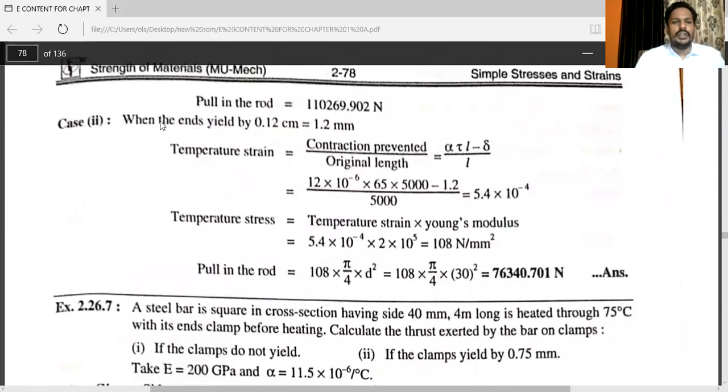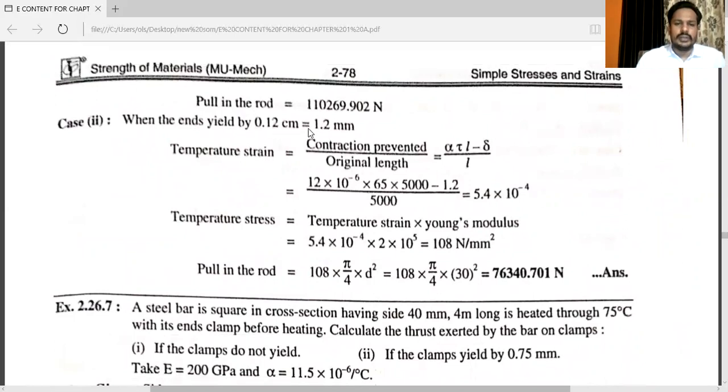The second condition, when the ends yield by 0.12 centimeter, we know that temperature strain is equal to contraction prevented upon original length. So the formula is alpha into T into L minus delta, upon L. We have the value of alpha, that is 12 into 10 raised to minus 6.